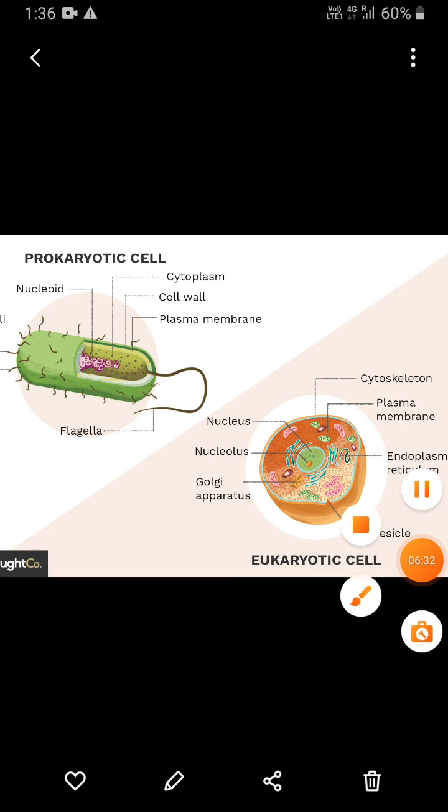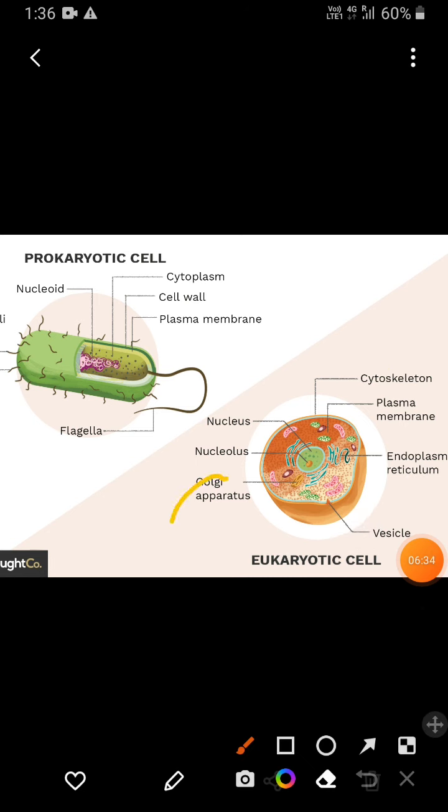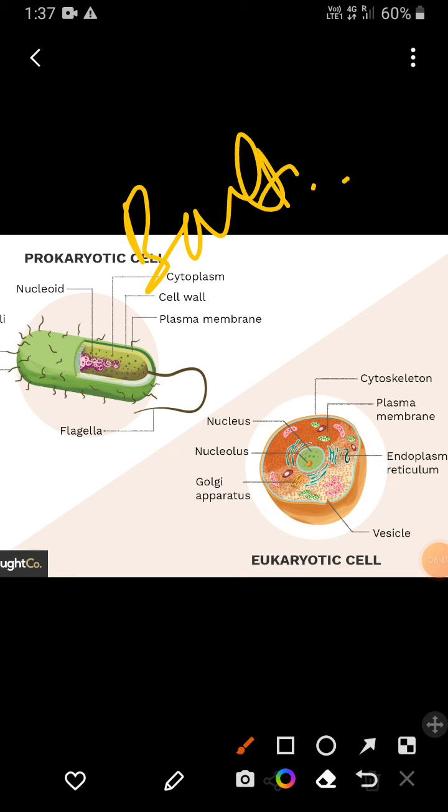Eukaryotic cells possess them. Prokaryotic cells lack the Golgi apparatus, but eukaryotic cells possess the Golgi apparatus. So let's discuss examples. Examples of prokaryotic cells are bacteria and archaea, and examples of eukaryotic cells are all animals and plants.